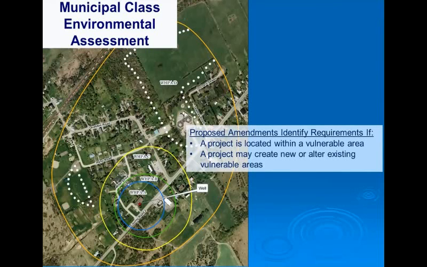Therefore, it is recommended that the technical work required by the Clean Water Act to identify the vulnerable area and potential drinking water threats be undertaken concurrently with the municipal class environmental assessment. This will facilitate the assessment of potential impacts and allow a more comprehensive consultation process with potentially affected stakeholders.